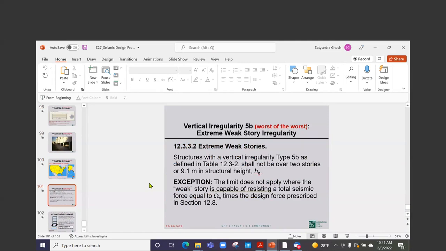That doesn't answer your question. The answer to your question is, if your architect must have a taller building that has irregularity type 5, then you have to take advantage of this exception. You have to make the weak story strong enough to resist omega sub 0 times the design force. The way out is provided to you in that exception.